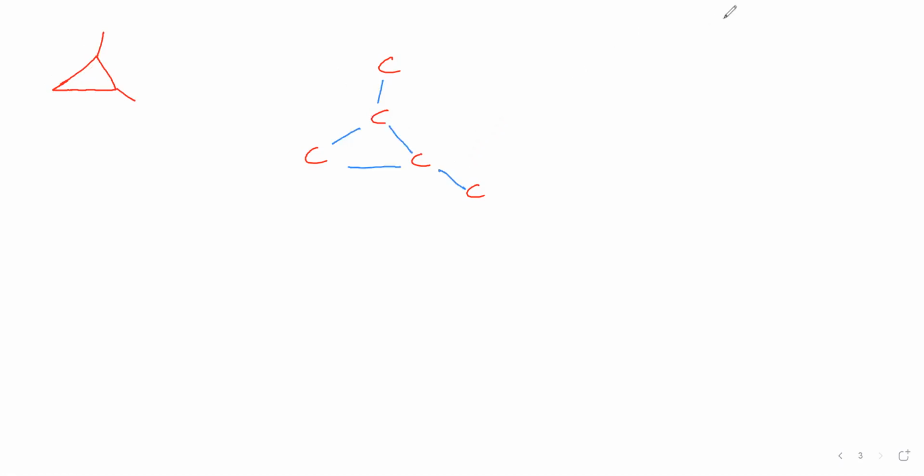Then we will give hydrogens. For this carbon 3 hydrogens let us give. For this carbon 1 hydrogen, for this carbon 2 hydrogens, for this carbon 1 hydrogen, for this carbon 3 hydrogens. That means how many hydrogens you have to give means after giving hydrogens number of bonds around the carbon should be 4.